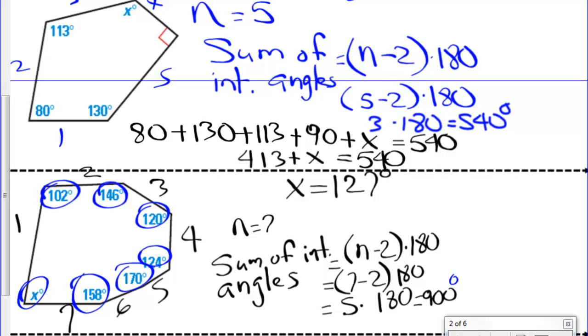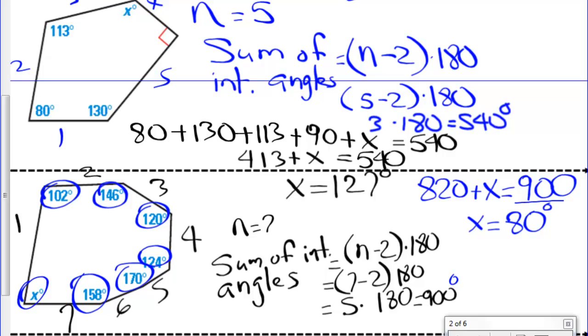So 102, 146, 120, 124, 170, 158. All right, so I got 820. So then I get this equation: 820 plus x equals 900. Subtract 820 from both sides, and we get that x is equal to 80 degrees, and we're done.